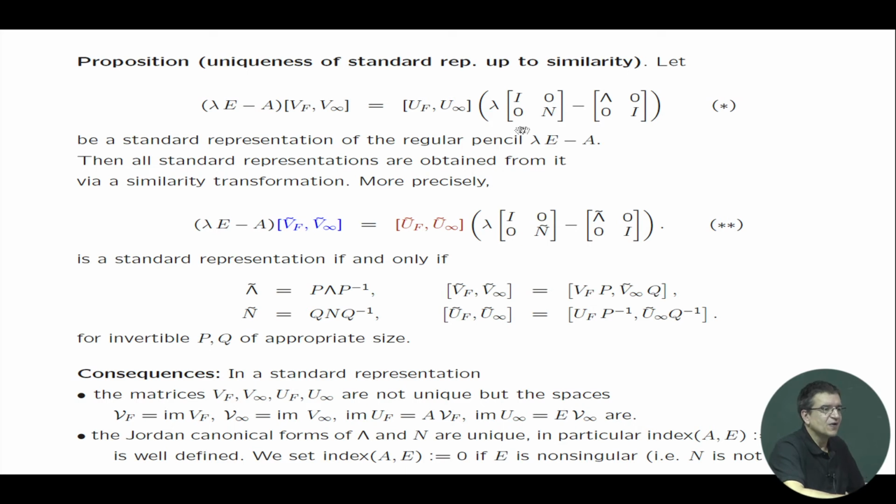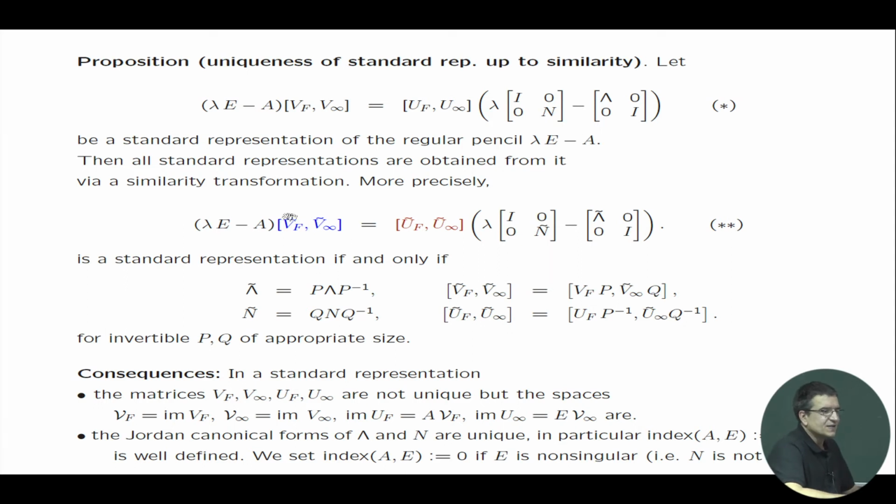So you produce this form once, and then you have a given N here, and then you can change the V's and the U's so that you get another N here, and you can get all N's which are similar to the first N. And the same with lambda here.